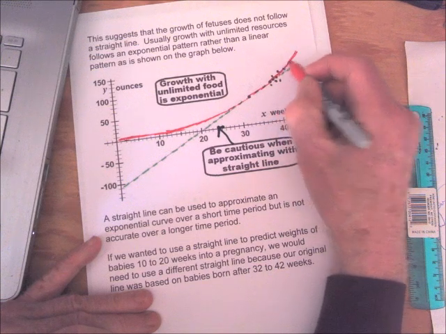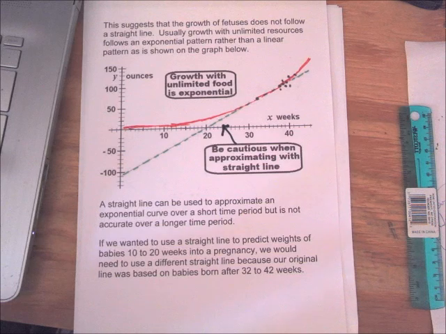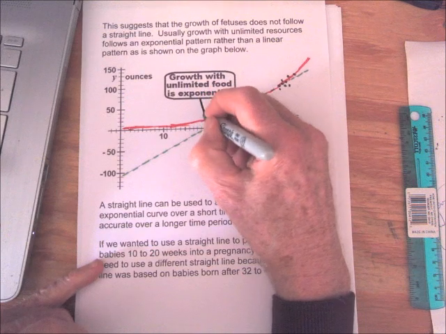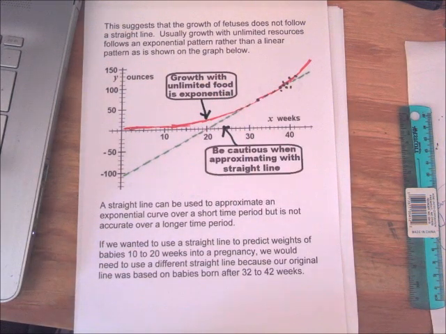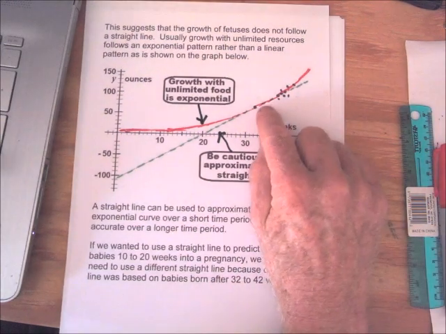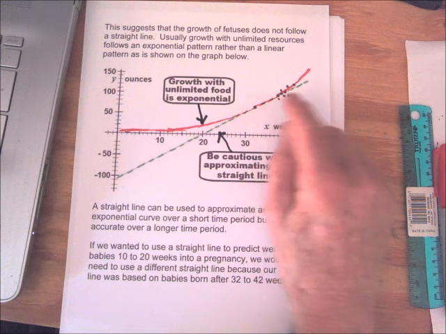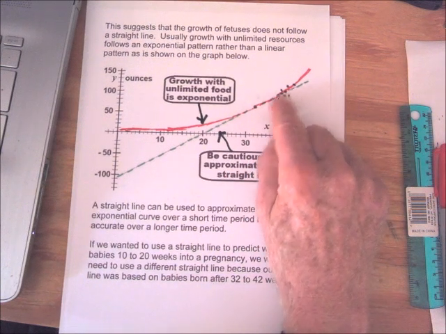A typical exponential pattern of growth would be something like that, where you have an increasing slope over a period of time. That's typical of growth with unlimited food.